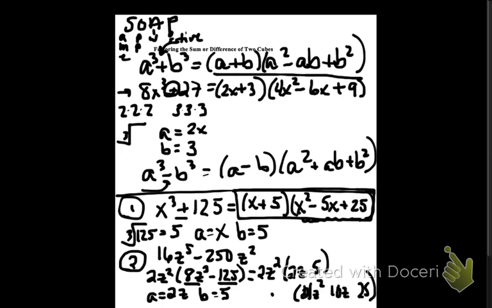Now I apply SOAP, which would be same, so minus, opposite, always positive. So my final answer here is all of this. 2z squared times the quantity 2z minus 5 times the quantity 4z squared plus 10z plus 25.